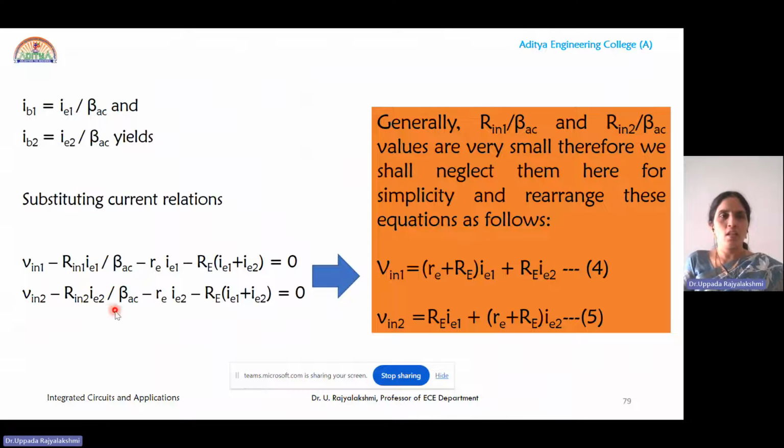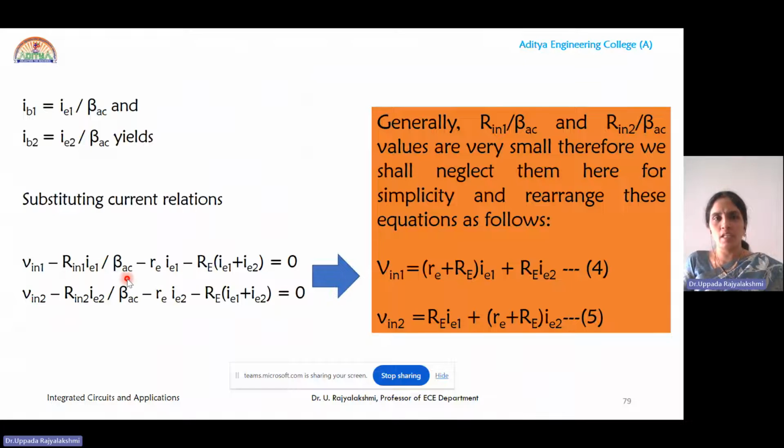Similarly, IB2 as IE2 by beta AC, where beta suffix AC represents the current gain of the CE amplifier under AC analysis. Upon substitution, you can see one thing.